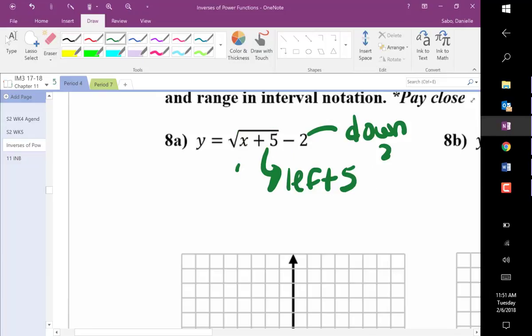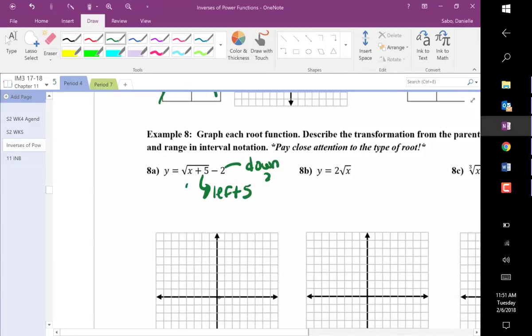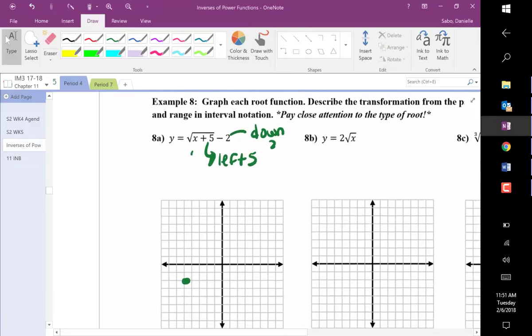The best part is the mathematicians did not want to confuse you, and it means the same exact thing. But now you're just in a square root. So that's where our new point is going to be. So I'm going to go left 5, 1, 2, 3, 4, 5, and I'm going to go down 1, 2. That's important. You might highlight or star that point, the point of inflection, my starting point.